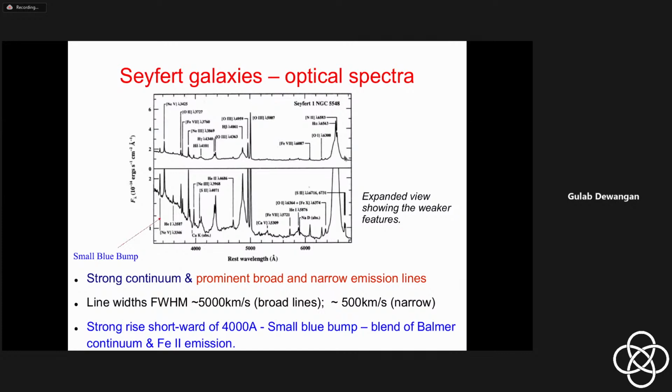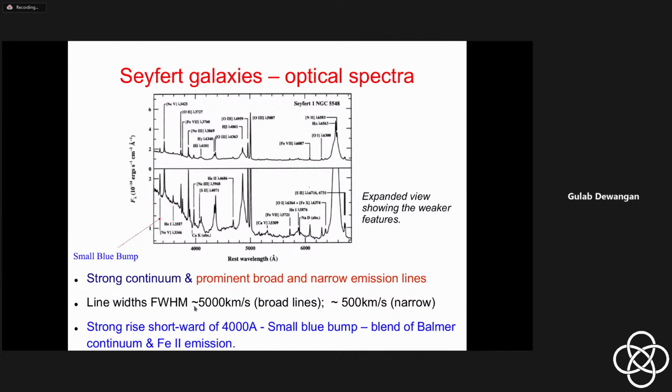These broad emission lines are due to the H alpha line. Then there is the H beta line here at 4861 angstrom. Similarly, other lines H gamma, H delta, etc. And at shorter wavelength, you will also see carbon 4, Lyman alpha, magnesium 2, etc. So if you look carefully, all the permitted lines are broad, and the width of these lines is measured in terms of the full width at half maximum of the line profile.